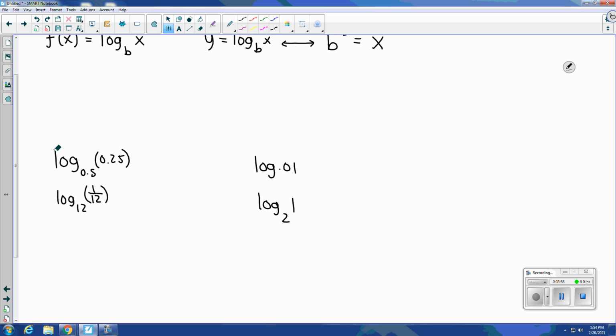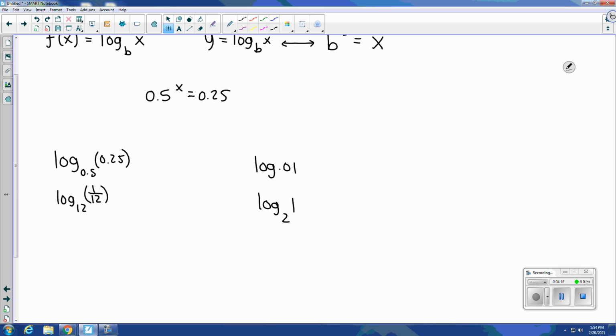without using a calculator. Again, we can convert to exponential form. So we can say for this first one, we're going to have 0.5 base of the exponential, logs equal exponents. So again, we don't know, so let's use the unknown as the variable x, equals 0.25.